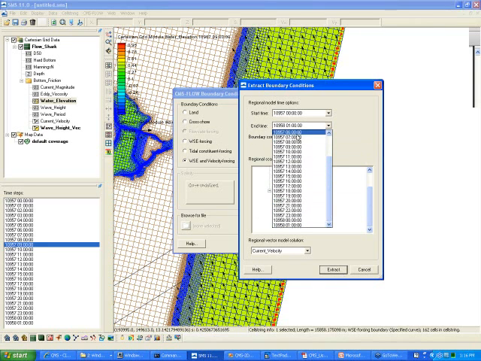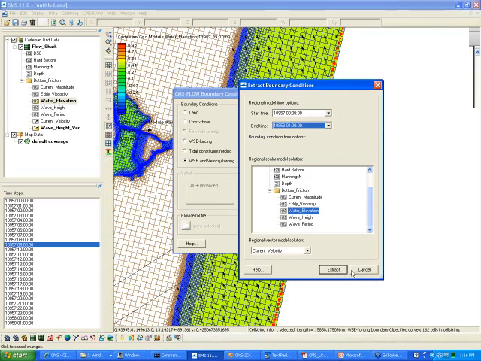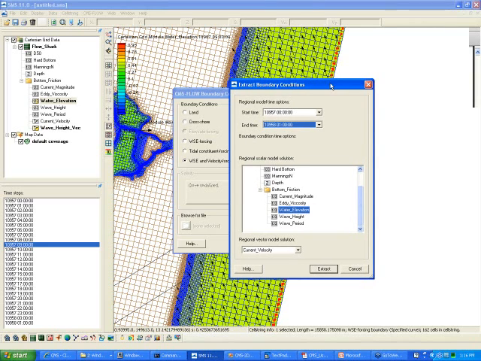It's important to keep in mind the time settings here, so that you extract for the right time period. This is the way we do it now. Honestly, I don't like it very much because we sometimes do long simulations of about a year, and if you extract boundary conditions for a whole year, it takes a long time in SMS.